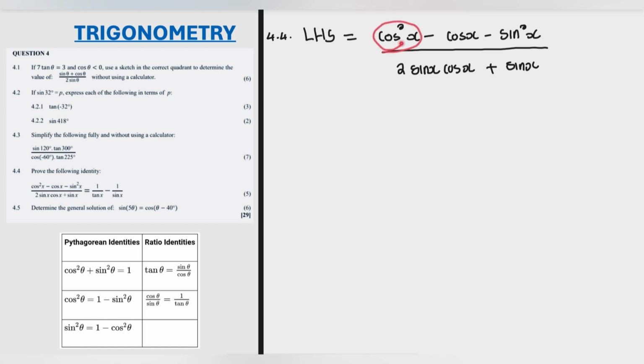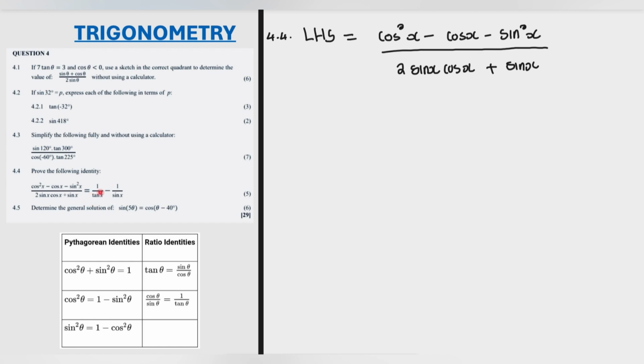Either we change this one to be 1 minus sine square x, or we change the sine to be 1 minus cos square x. The best one to change is your sine. Why? Because we don't want to get rid of cos on top, because the cos on top will give us what we have on our right hand side.